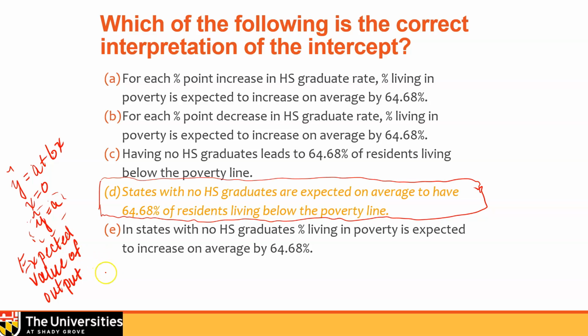And in classical statistics, we actually look at it as the expected value of y. That happens to be similar to a concept of average. So we expect that whenever x is equal to 0, on average, we will end up with an output of 64.68%.